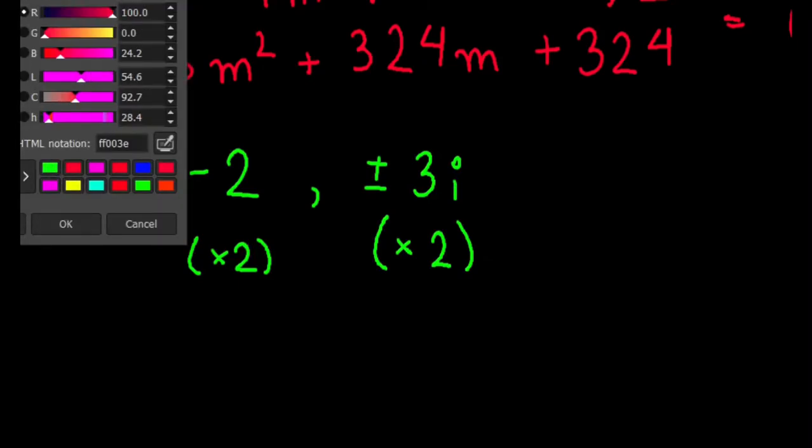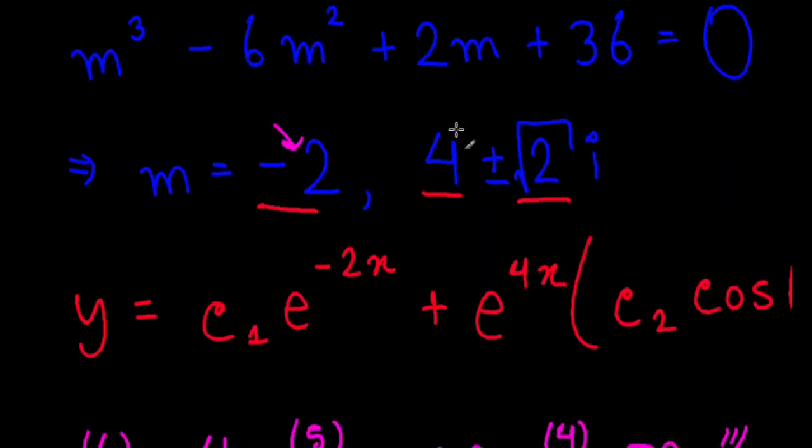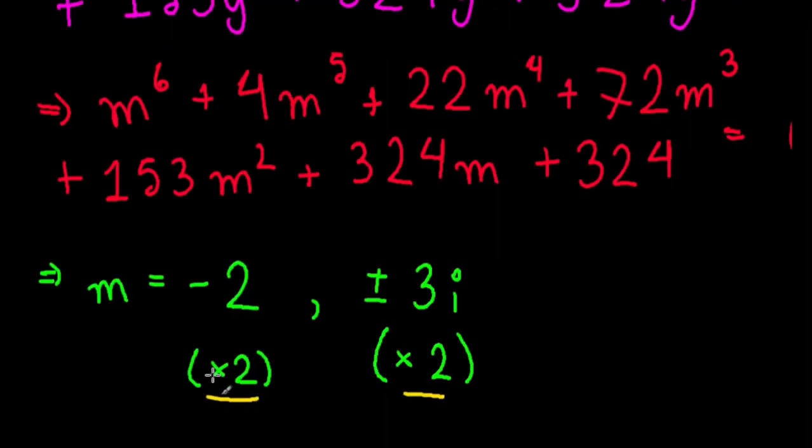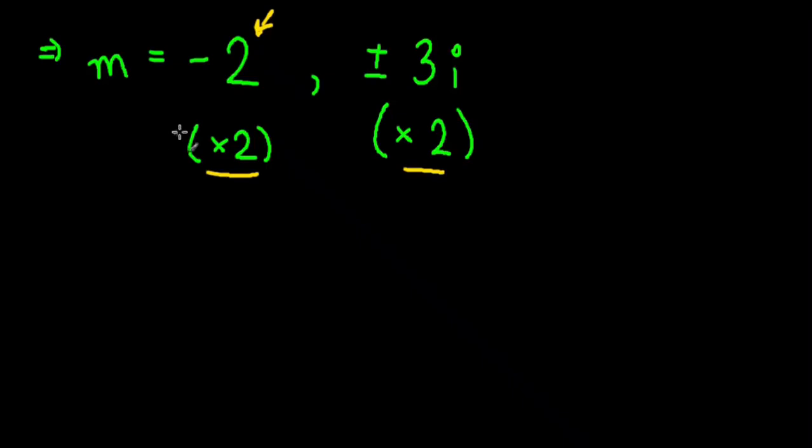Now how do I find the general solution? Well, let's just use those forms that we found. The first one is a repeated real root. It's repeated 2 times, and since it's just repeated 2 times, it's exactly the same as what we did with the second order DE.